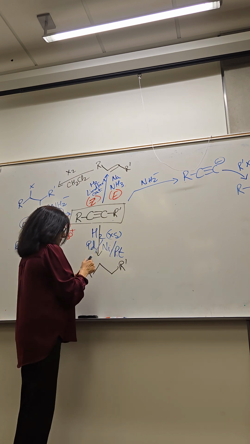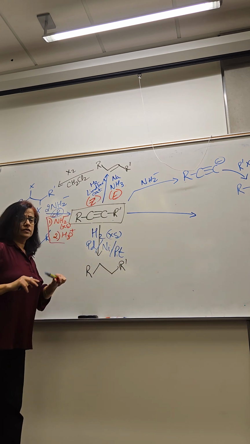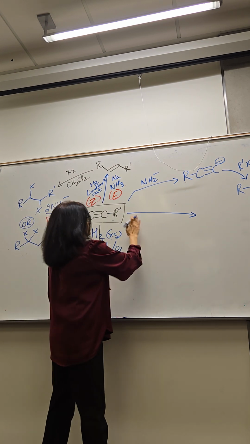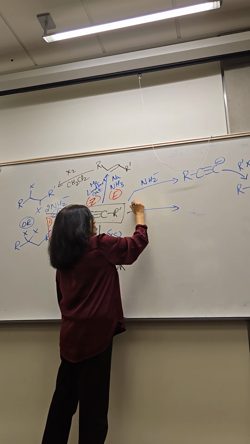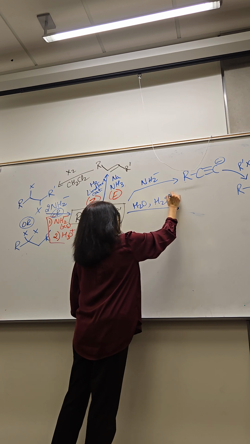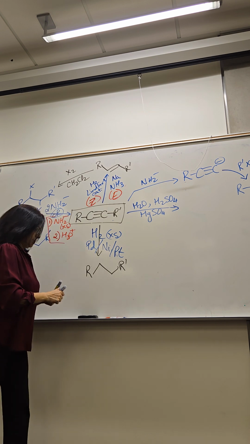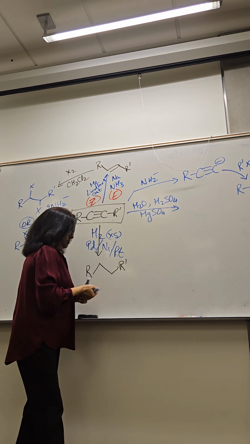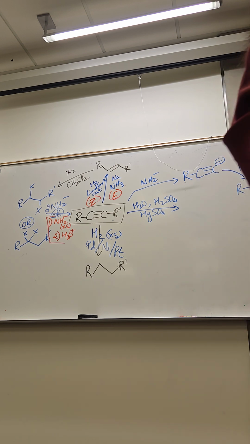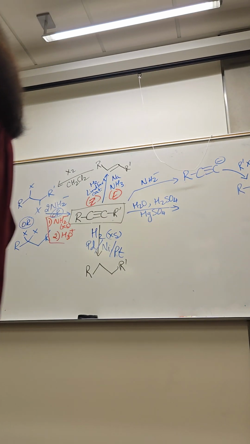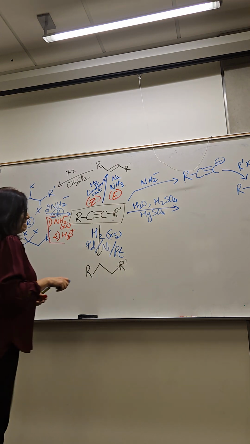Can we hydrate an alkyne, meaning add water? What are the two ways in which we could do so? And what are the outcomes? What's the outcome if I hydrate an alkyne with water, sulfuric acid, and mercuric sulfate? Louder.